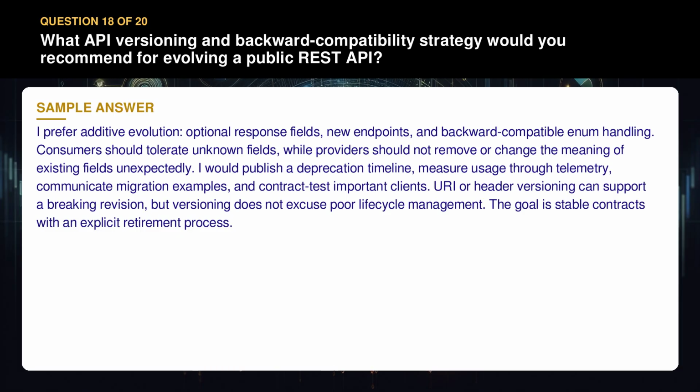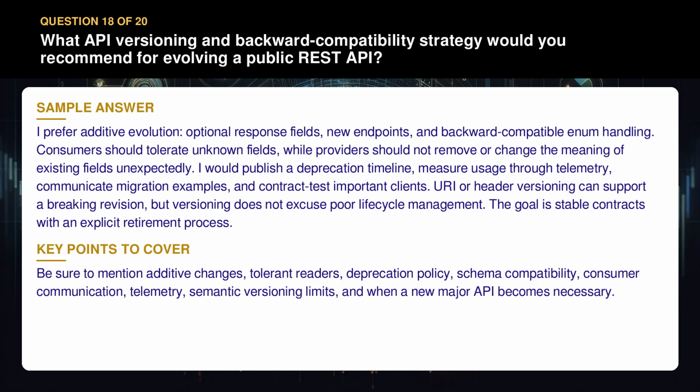I would publish a deprecation timeline, measure usage through telemetry, communicate migration examples, and contract test important clients. URI or header versioning can support a breaking revision, but versioning does not excuse poor lifecycle management. The goal is stable contracts with an explicit retirement process.